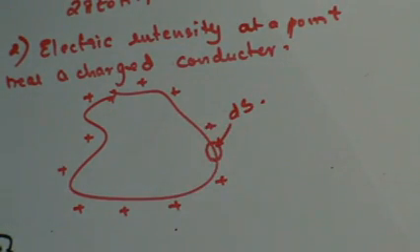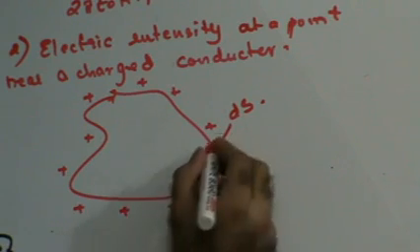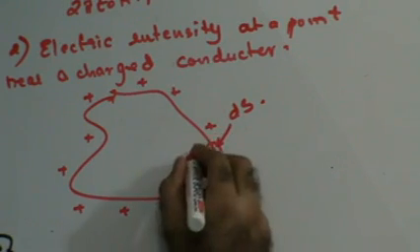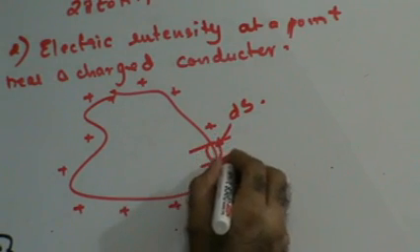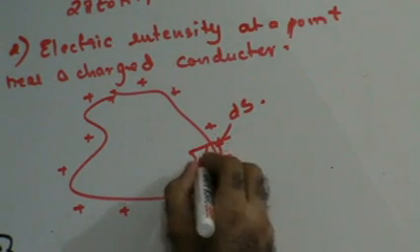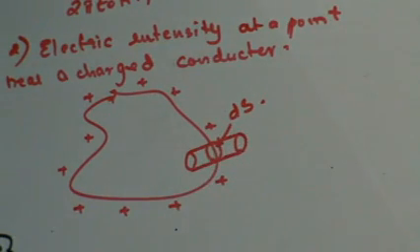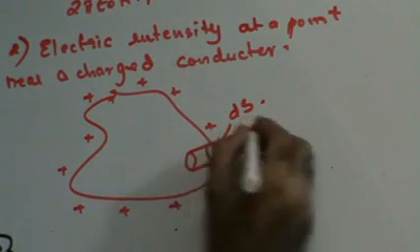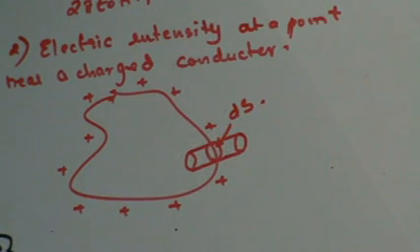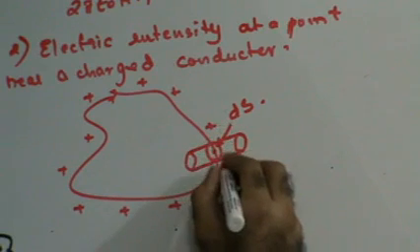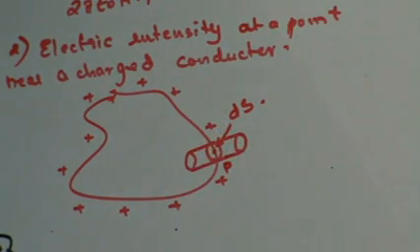Draw a Gaussian surface around it, which will be a cylinder. I have a point P on the charged conductor, and I have considered a small area ds around point P and drawn a Gaussian surface around it.